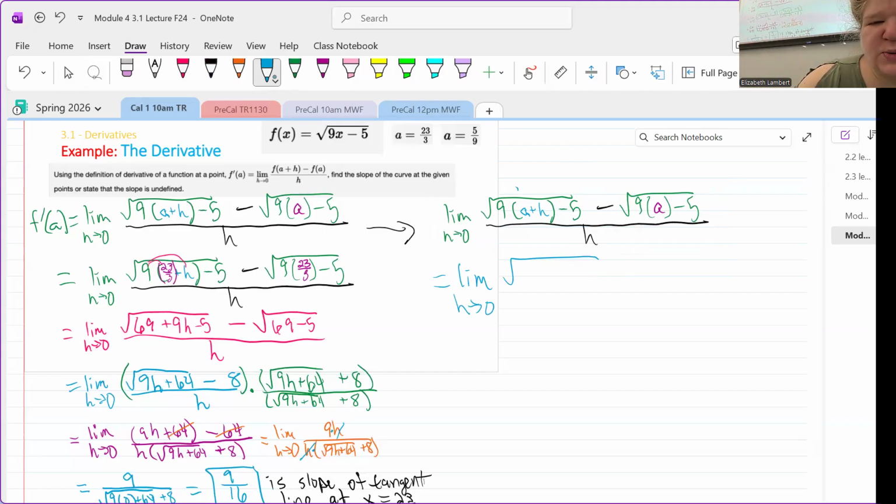So inside that square root, it'll now be 9a plus 9h minus 5 minus the square root of 9a minus 5 all over h. So the same thing we did before, we had to multiply by a conjugate. We're going to have to multiply by a conjugate here.